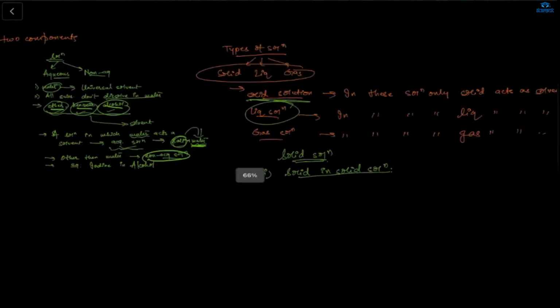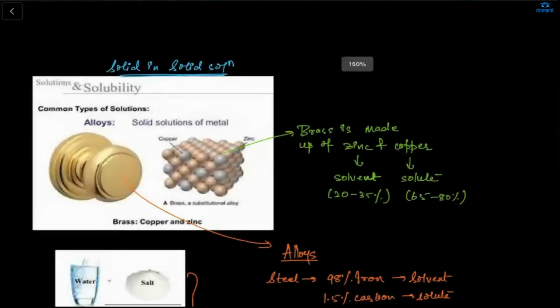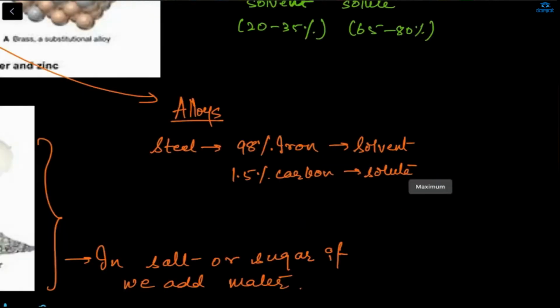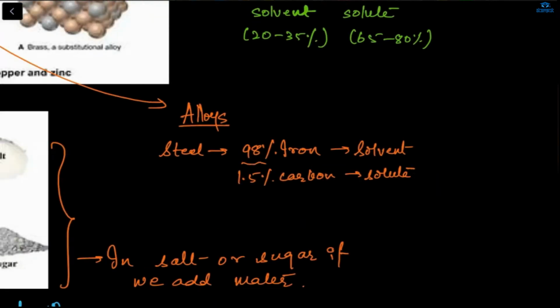So here, see, this is my alloy. Solid in solid solution, the example is alloy. Why? Because here the alloy is steel, and it consists of 98% iron and 1.5% carbon. Both iron and carbon are solid, and iron is present in a larger amount.